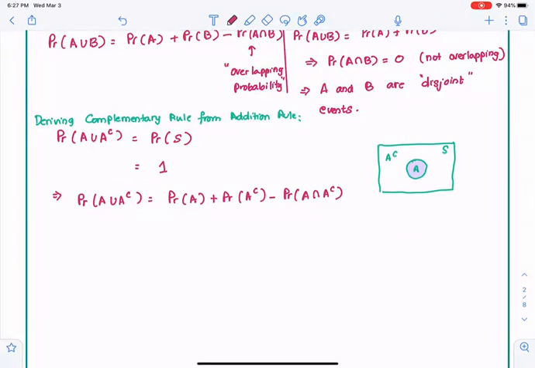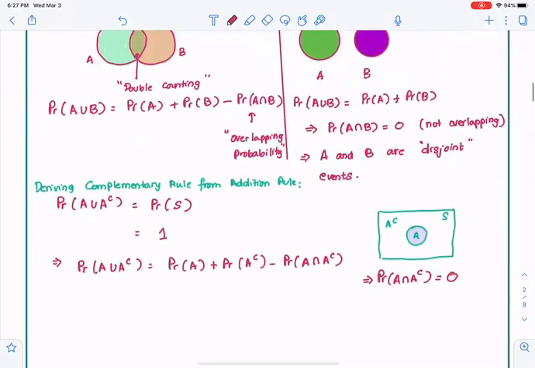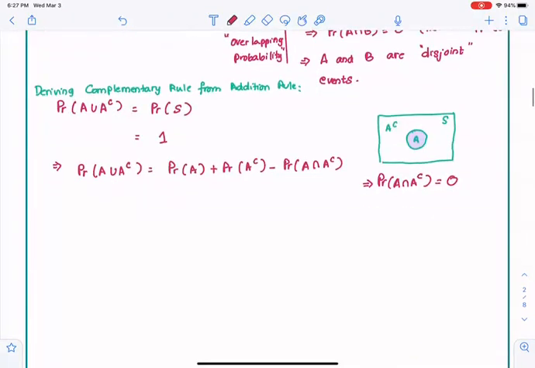If I say that an element is in the unshaded part, I can't say that it is in the shaded part at the same time. So it can only be either in A or in A complement, but not in both of them simultaneously. They can't happen together. So that would simply mean the probability of A intersect A complement is 0. If an element is in A, it cannot be in A complement. If it is in A complement, it cannot be in A at the same time.